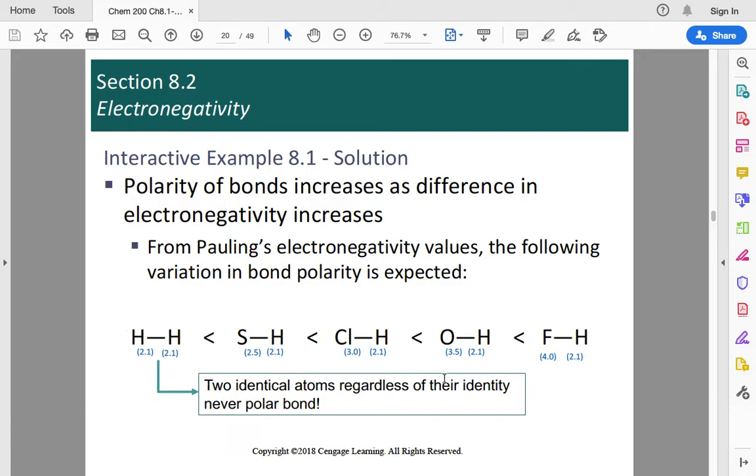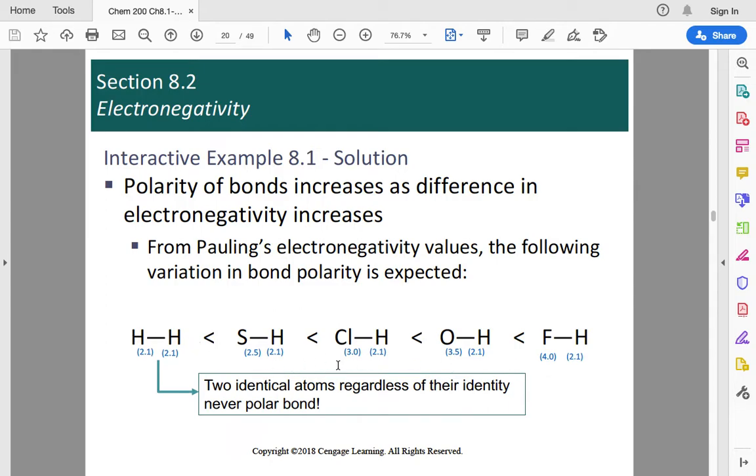It does not matter, regardless of the identity, if it's a carbon and a carbon, a hydrogen and a hydrogen, a fluorine and a fluorine, 2 of the same atoms bound together will never be polar covalent. That's really important. I think you should write that down. 2 atoms that are bound covalently, that are identical, will never be polar covalent bonds. They will always be nonpolar.